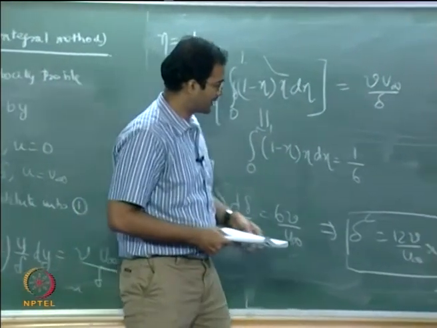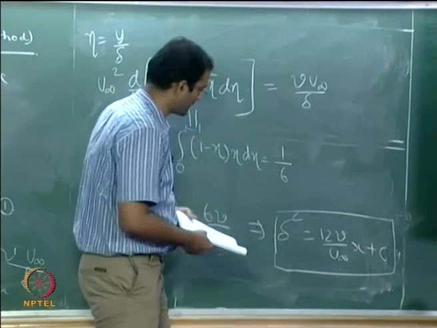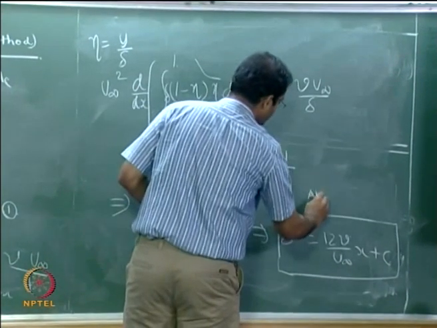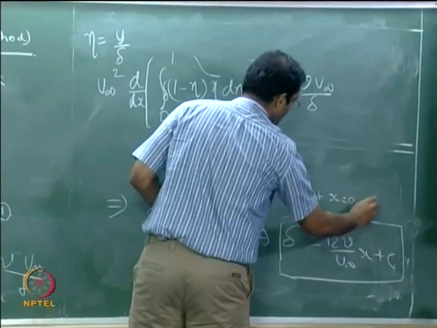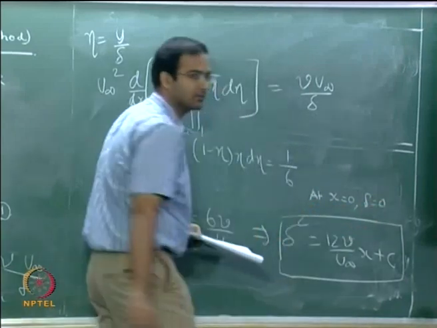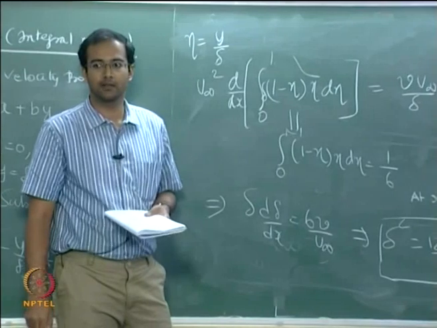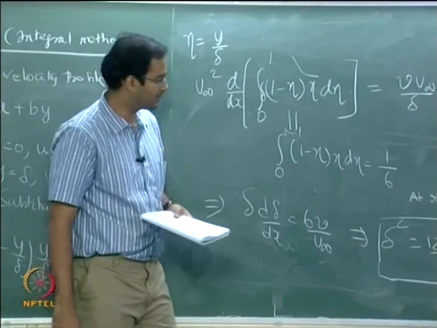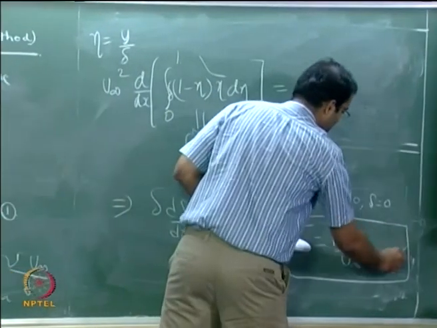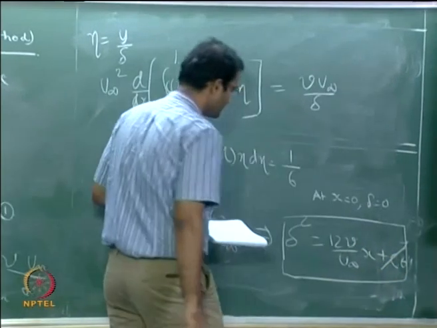Of course we can find the constant by applying the boundary condition that at x equal to 0, delta equal to 0. The boundary layer thickness is 0 at the leading edge of the plate and therefore your constant will be 0.